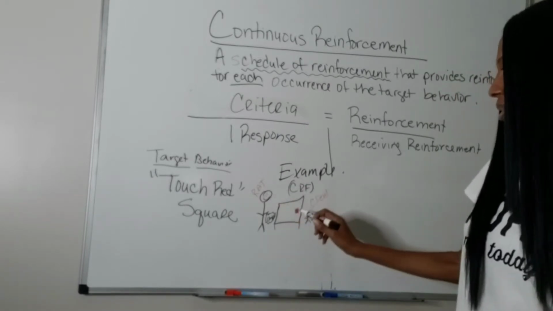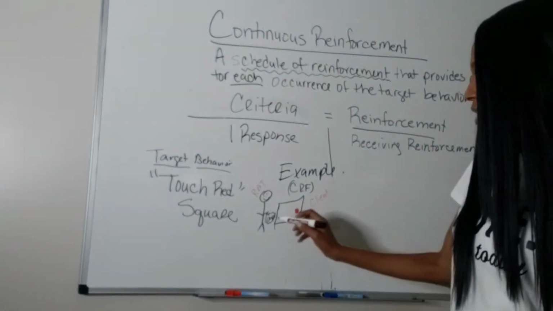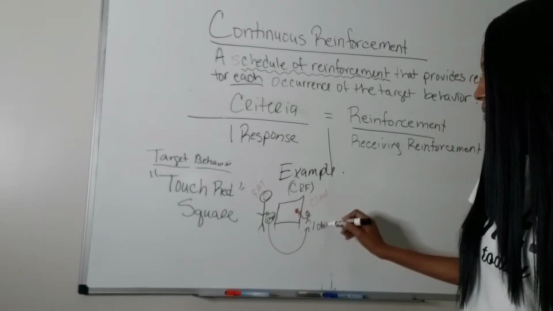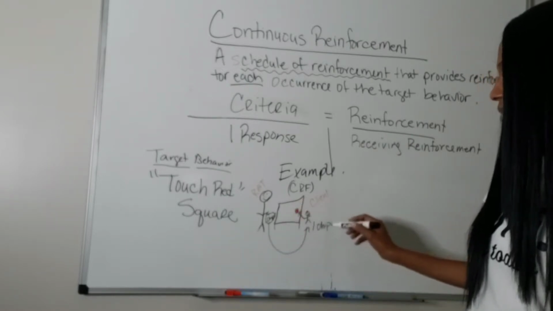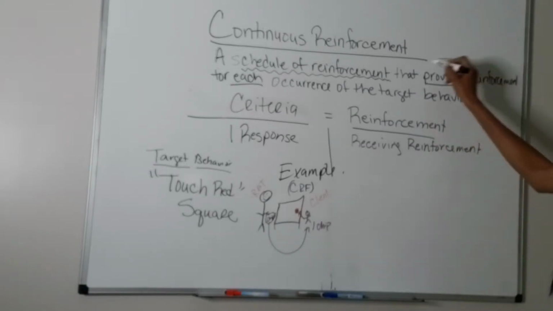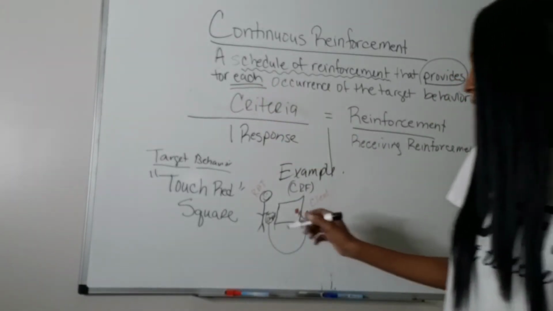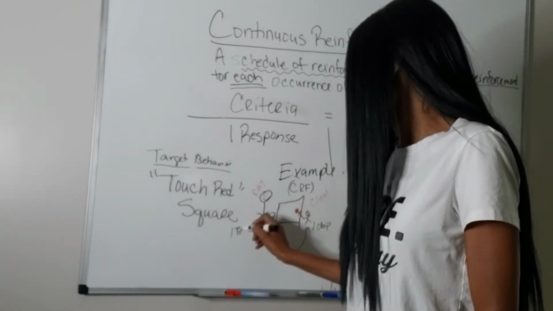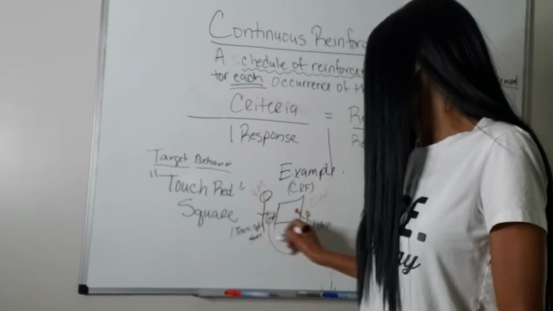The RBT says, touch the red square, and the kid touches the red square. Then the RBT gives the kid 1 chip. Says touch the red square, kid does it, they receive 1 chip. Okay, so it provides reinforcement for each occurrence of the behavior. They say touch red square, they get 1 chip.